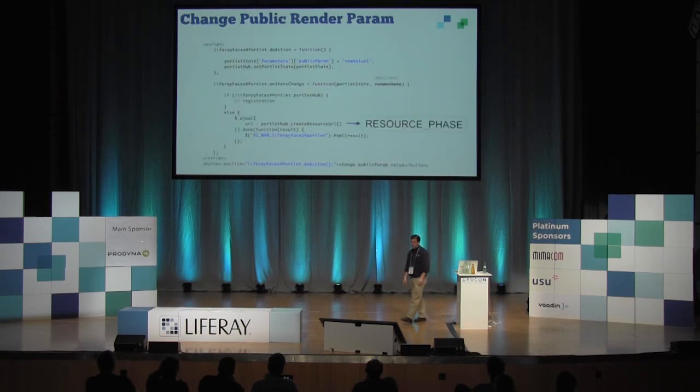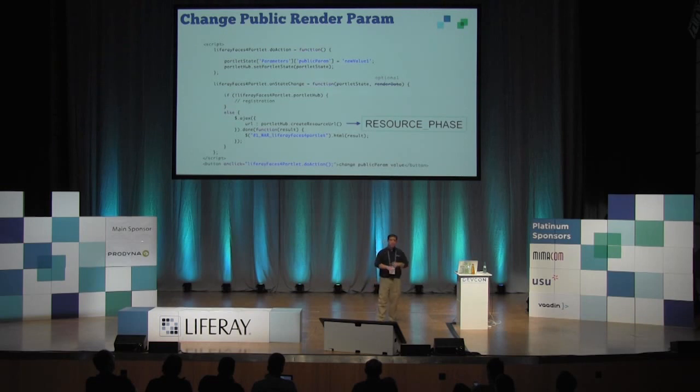And this is an example of some JavaScript that you would write in order to make this work. Okay, let's start at the bottom. There's a button. It's just an HTML button. And when I click on the button, it says do action. So I go up to my do action function, and I'm changing the value of a public render parameter. It's just new value 1. And then I say, hey, Portlet Hub, I've changed my Portlet State.